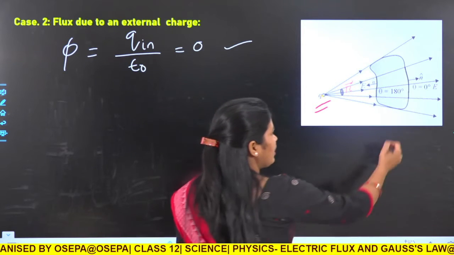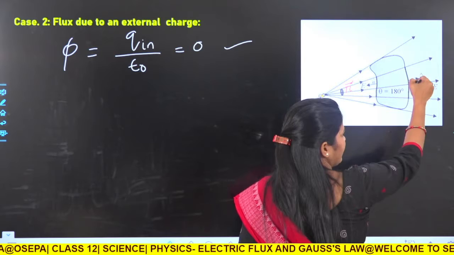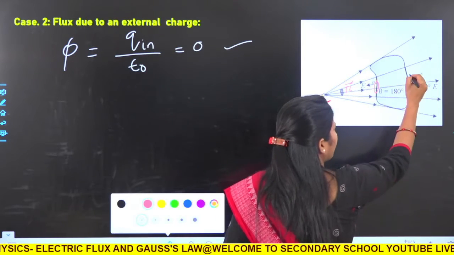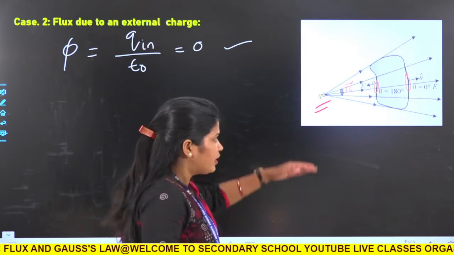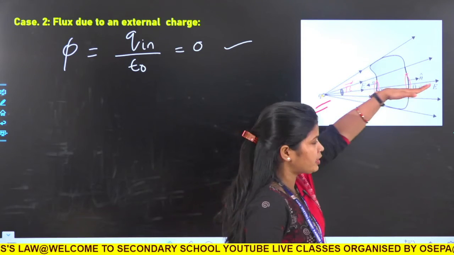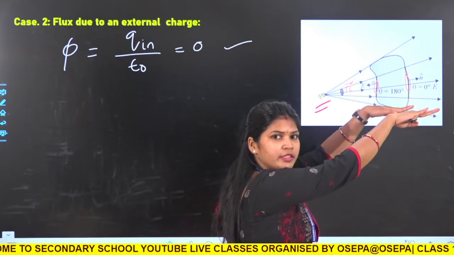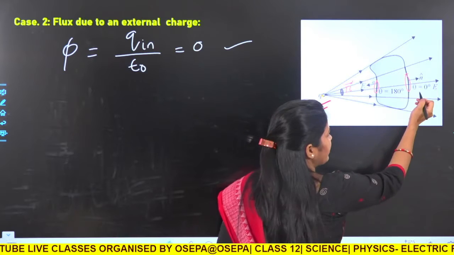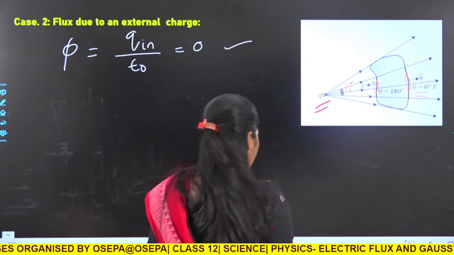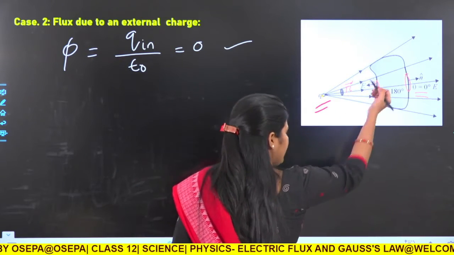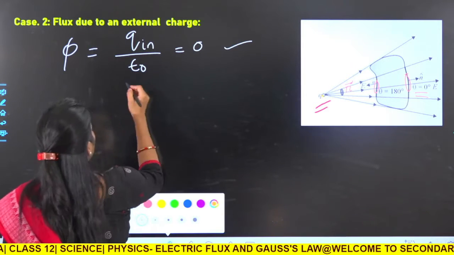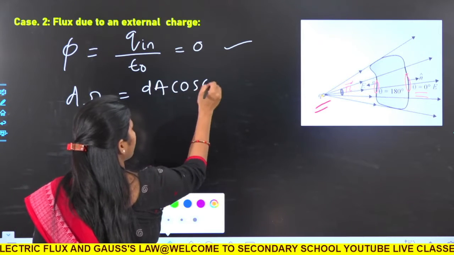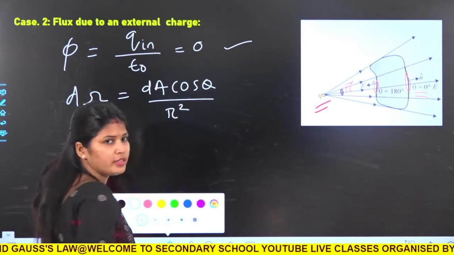And consider this area. Let's consider first this area and here this area. Then what will be the direction? Area vector is in this direction and also R vector is in this direction. That means same direction, R vector and area vector. The theta is how much? 0 degree. So here the solid angle is how much? d omega is equal to dA cos theta by r square, isn't it?